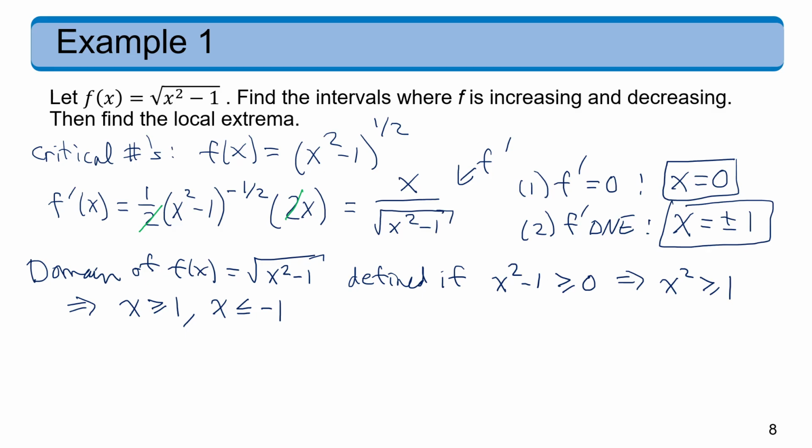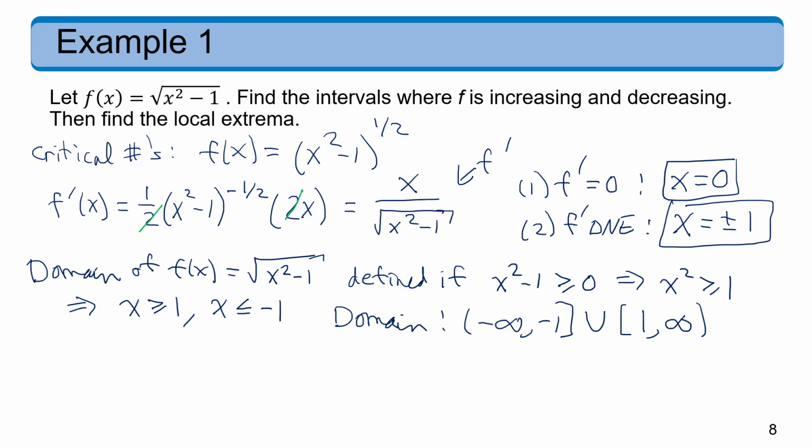Okay, so to describe our domain here, we could put it in interval notation. It's all numbers less than or equal to negative 1, that's this interval. And then it's also the interval from 1 to infinity. So notice the critical numbers we found. One of them is x equals 0.